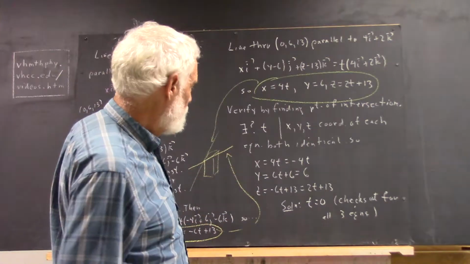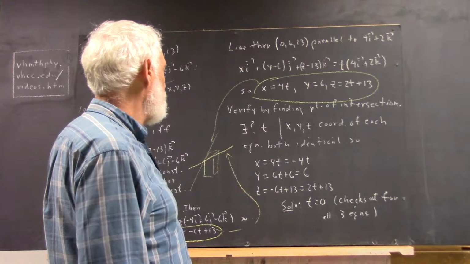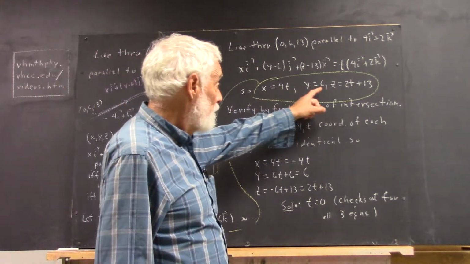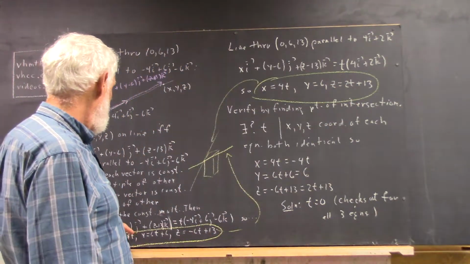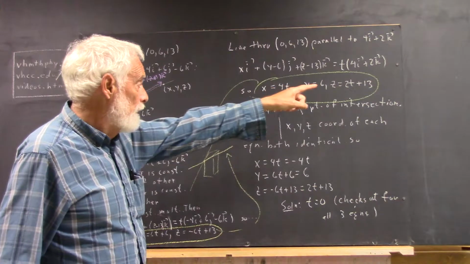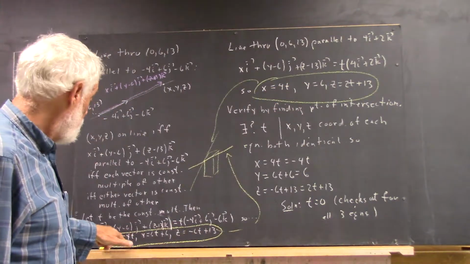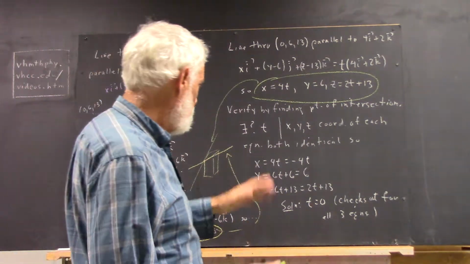The question is whether there is a u that we could use in place of t here, such that the x, y, and z coordinates are the same. We'll talk more about that a little bit later.